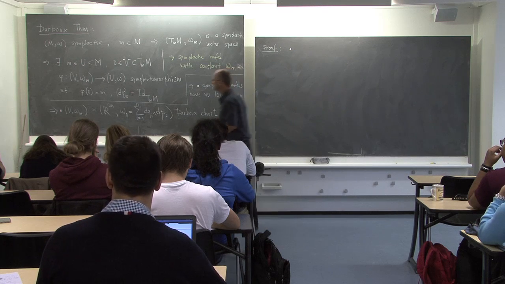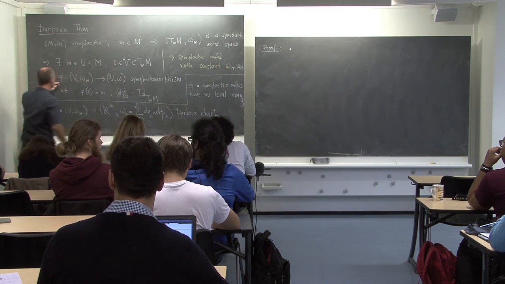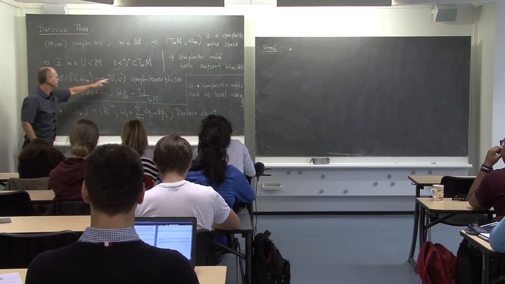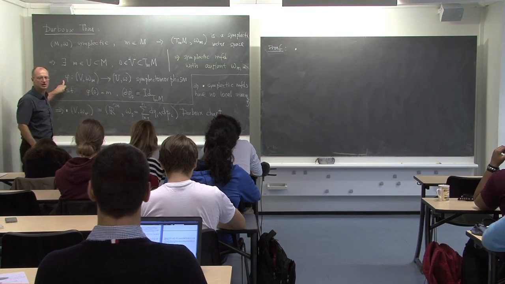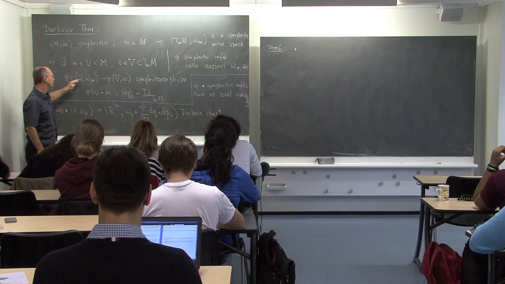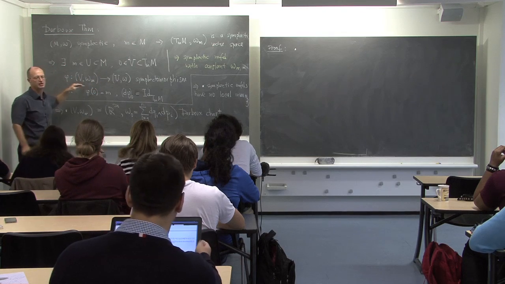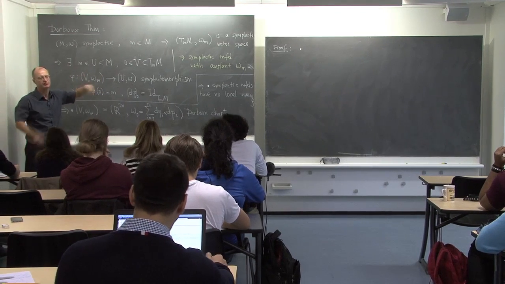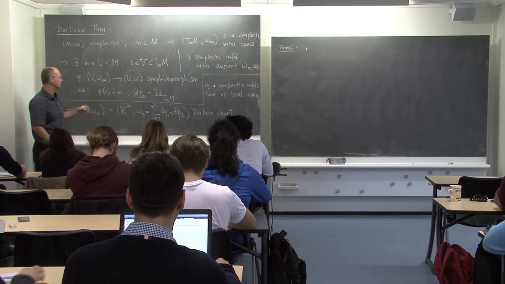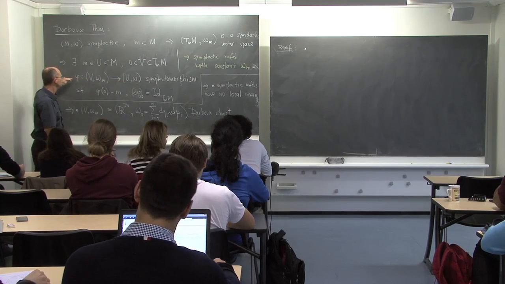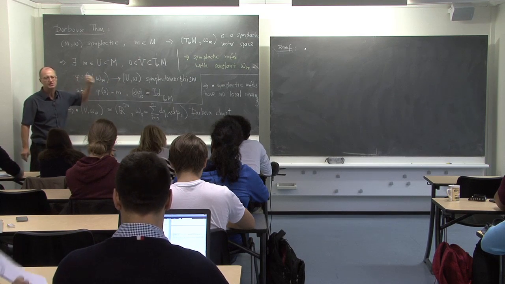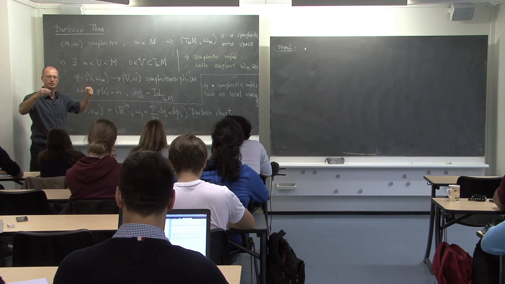In fact, my strategy will be as follows. We are asked to construct V, U, and phi. I'll start with some objects that I call V, U, and phi, and then I will change their definition to arrive at the good ones. So I first start with V, U, and phi, which are the bad ones, but then I will try to improve them.